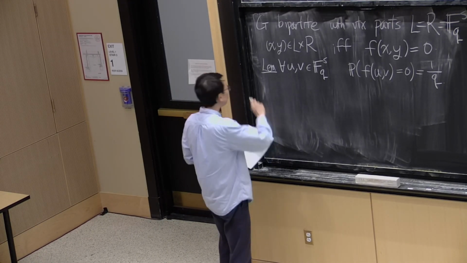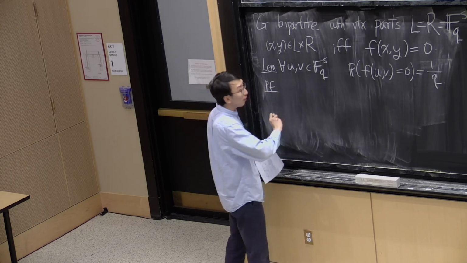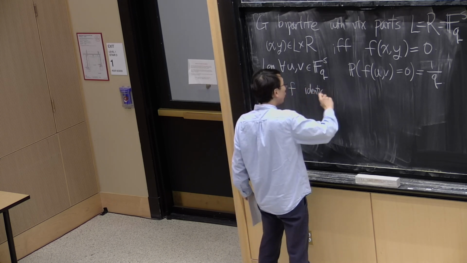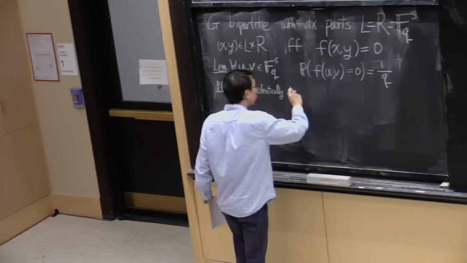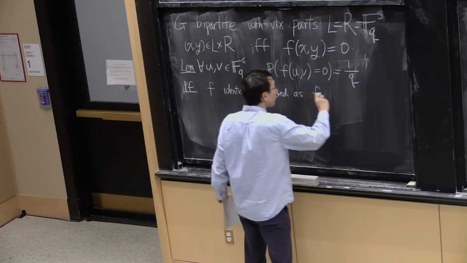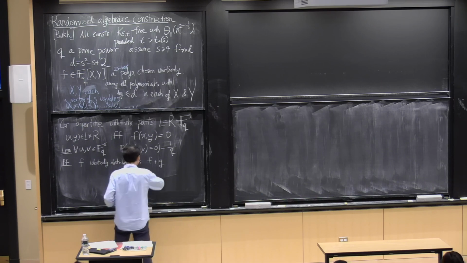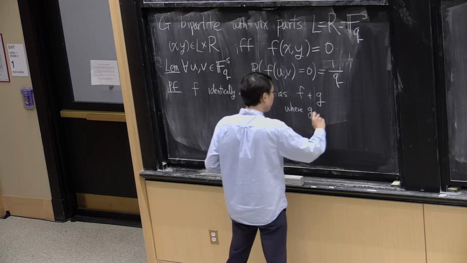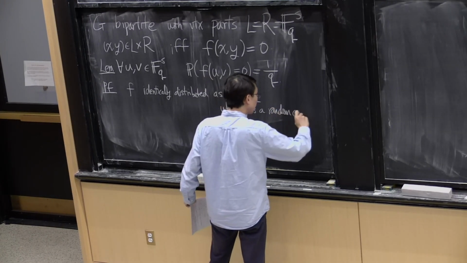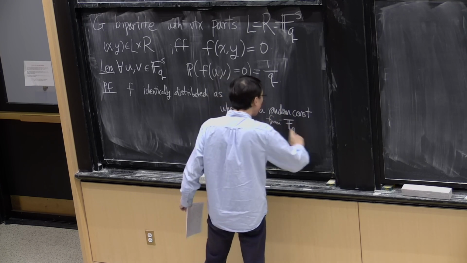This is not too hard. The reason is that the distribution of f is identical to the distribution if you add an extra random constant to f, chosen uniformly at random.